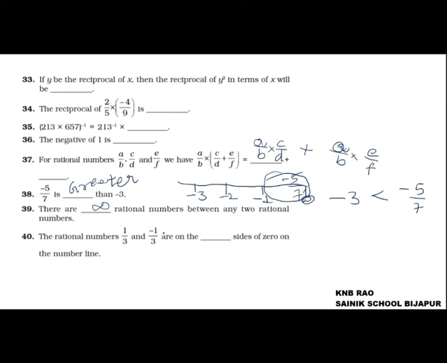See, if you take a number line and 0, minus 1 by 3 is left side and 1 by 3 is right side. That means they both are not on the same side, they are on opposite sides. So here the right answer is opposite sides of 0 on the number line.